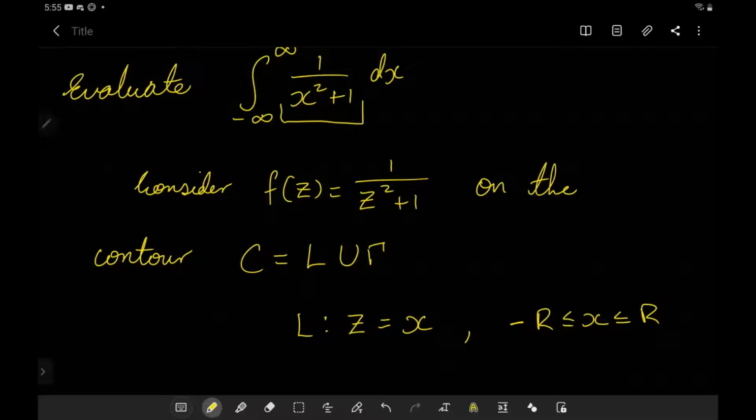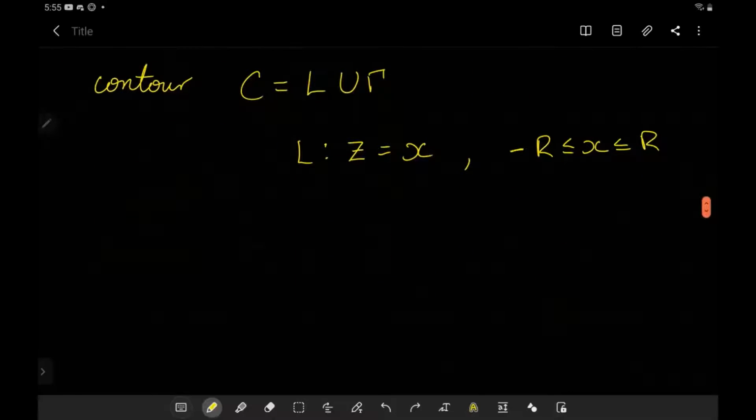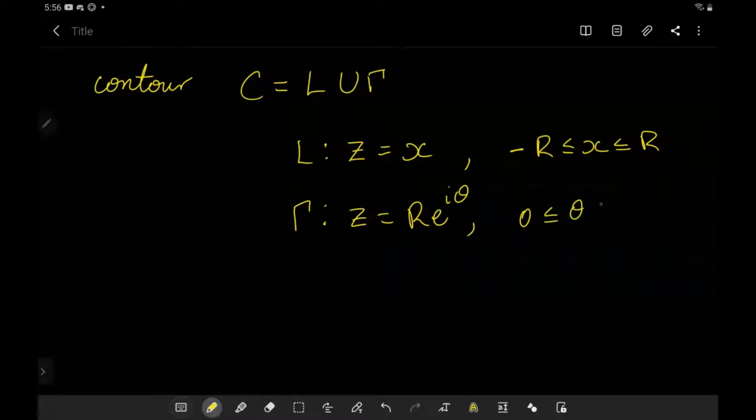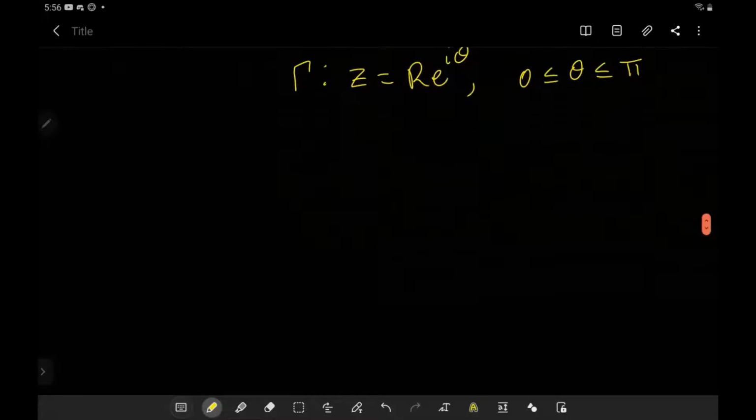Gamma, however, would be a circular segment, a semicircle. z is equal to r e to the i theta, where this is a circle with radius r centered at the origin, and theta goes from 0 to pi, because we only consider the upper half plane, the semicircle.